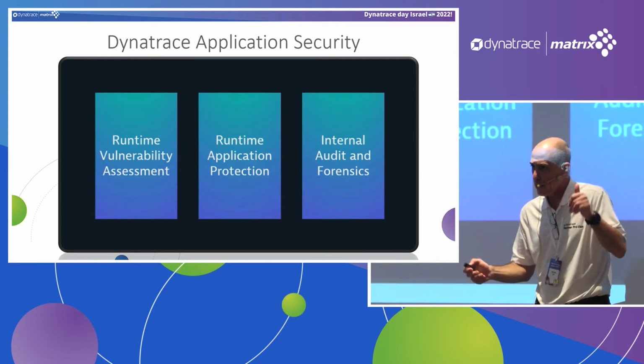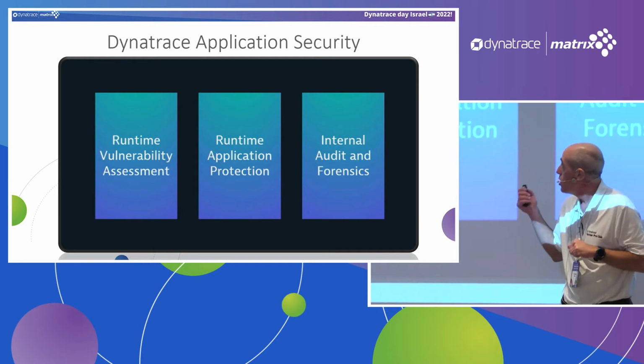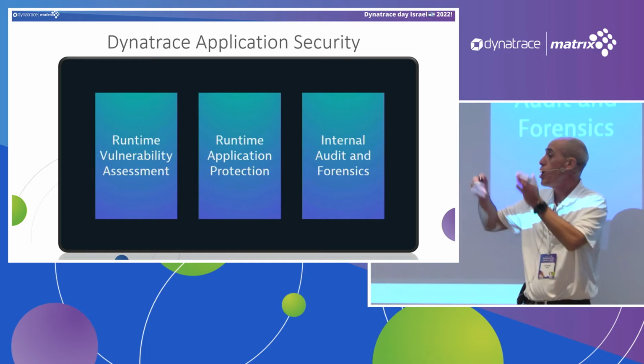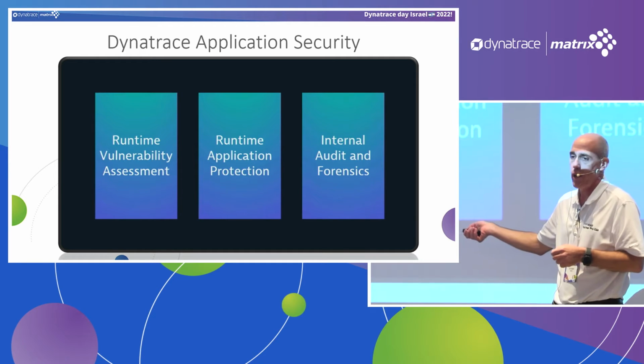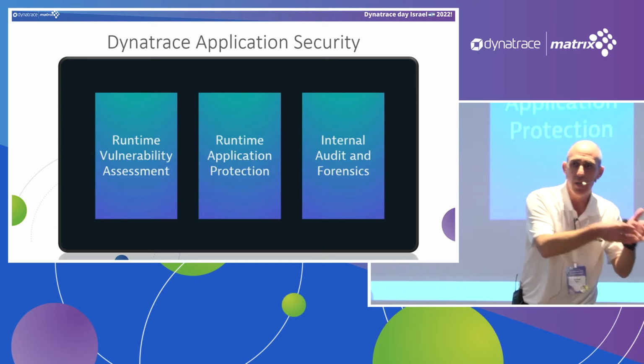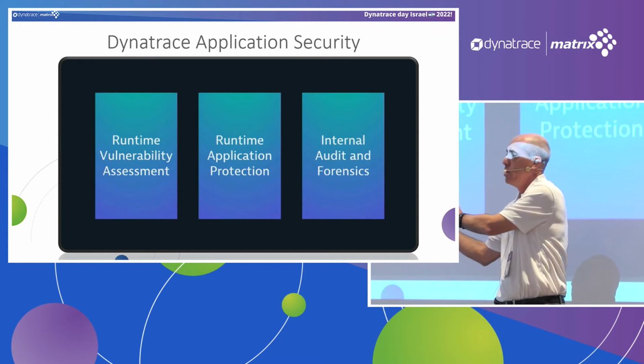So to cover that, our prevention could be, in terms of Dynatrace runtime, the application security, still provided by the same one agent, runtime vulnerability assessment. We don't need to scan it because we know how you are using your software.